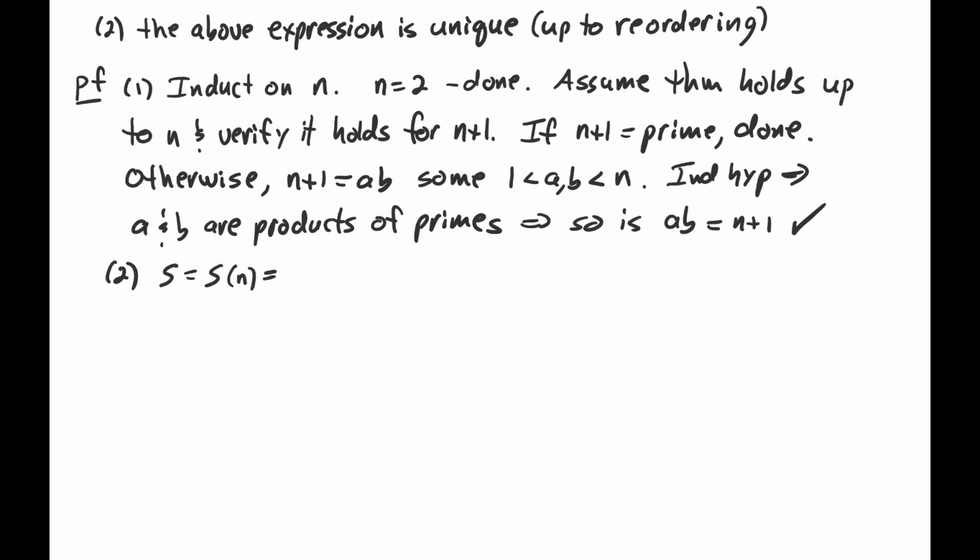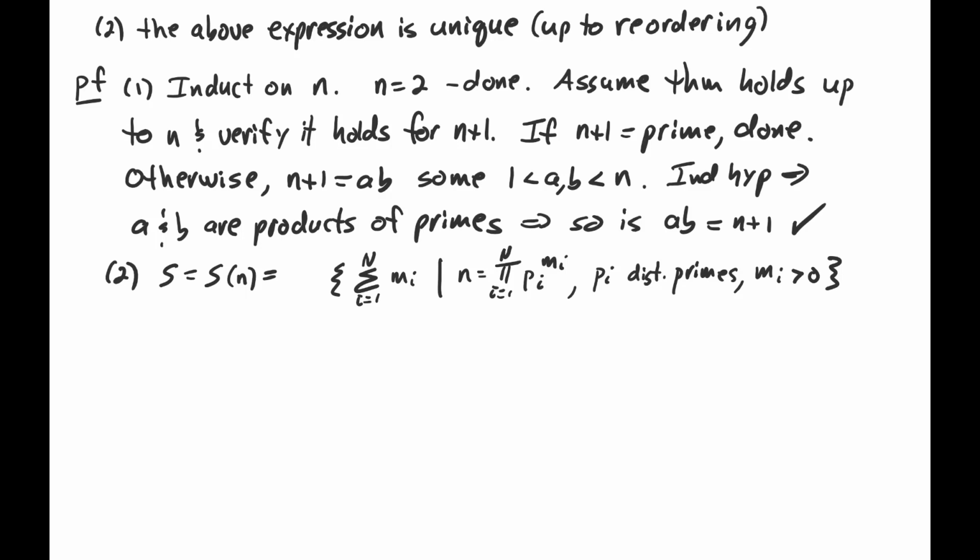S, which is really a function of n here, so sometimes we're going to hide that and just call it S. So we're going to let S initially be all the sum of the exponents, m_i, where n is a product of some primes to the m_i-th power. And since we don't know that that's unique yet, we're going to then take the minimum of this expression, which will then give a well-defined definition of S. So add the minimum and we're set.